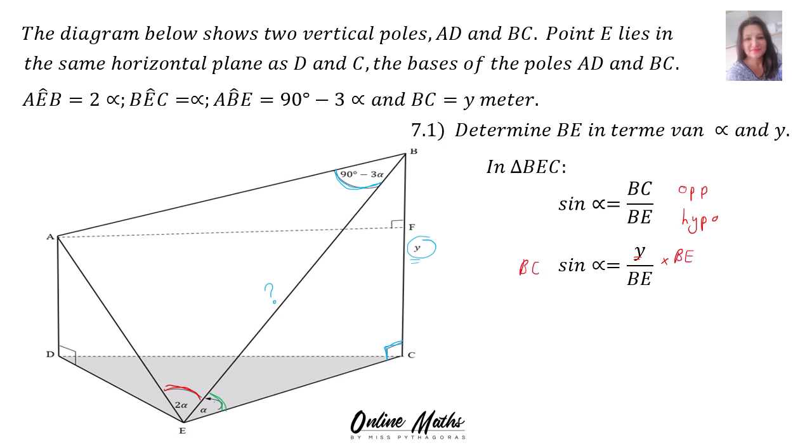So we will multiply both sides by BE, and then we will divide by sin alpha. Therefore, BE is y over sin alpha. And then remember, it's always good, now that you know the size of this side, y over sin alpha, to fill it in on your sketch because you're going to use it in the next question.